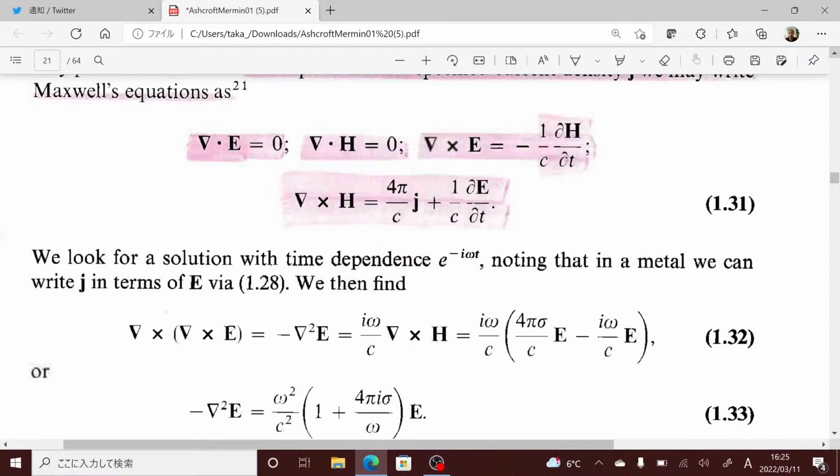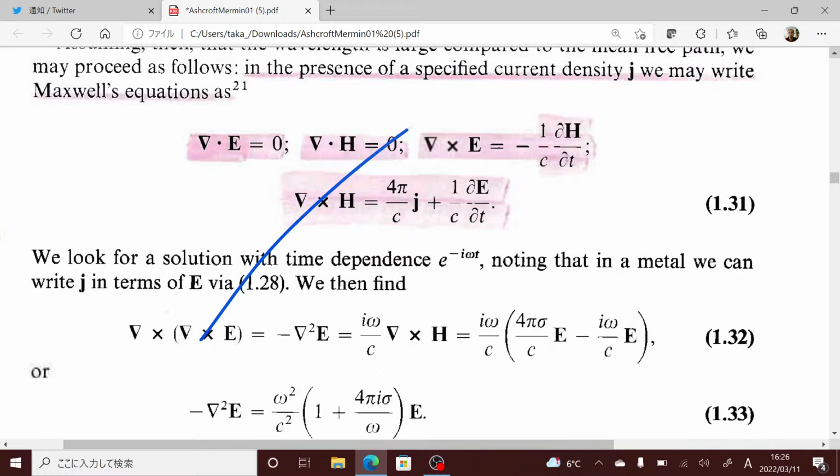How come this nabla squared E, anyway? I think this jumps. This goes here.